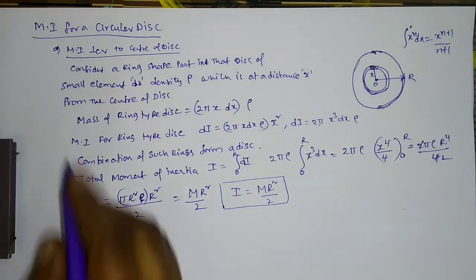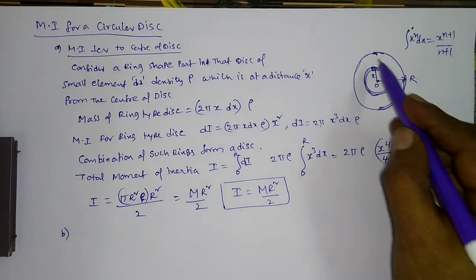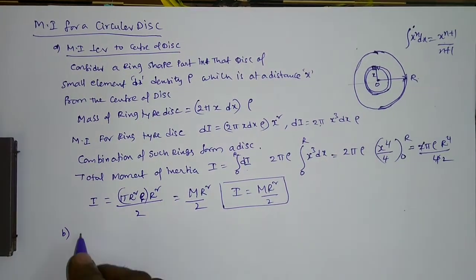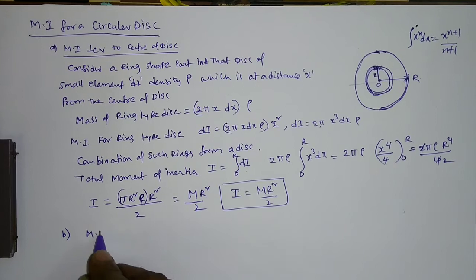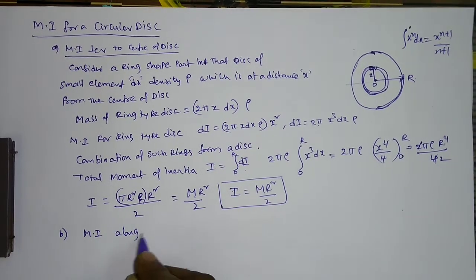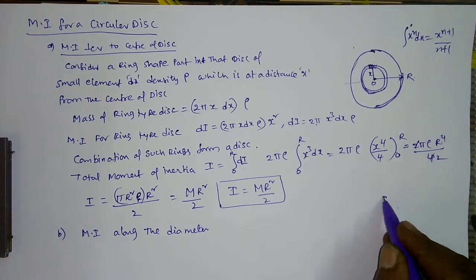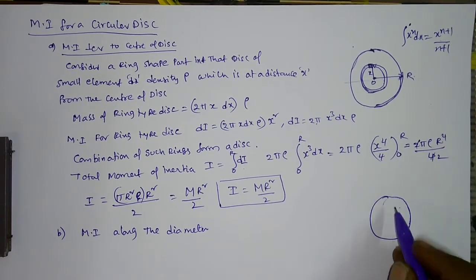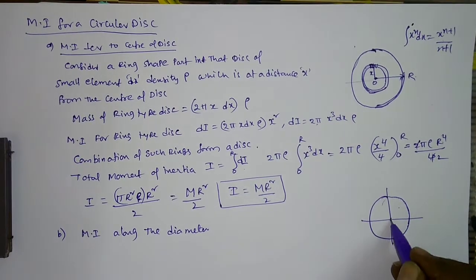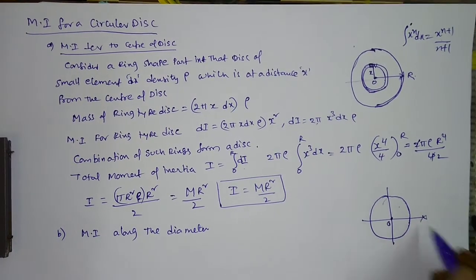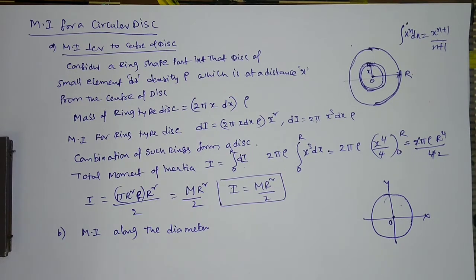Now, if we consider the moment of inertia along the diameter of the disk, this is the disk as usual, with diameters, center O, x-axis, y-axis. Then you can use the same formula as previously for the circular ring; for the disk also we can apply the perpendicular axis theorem.